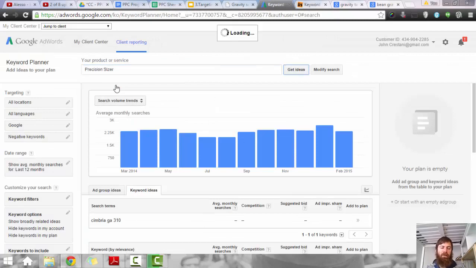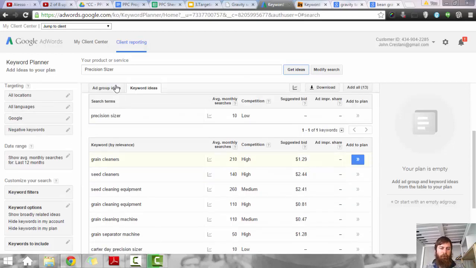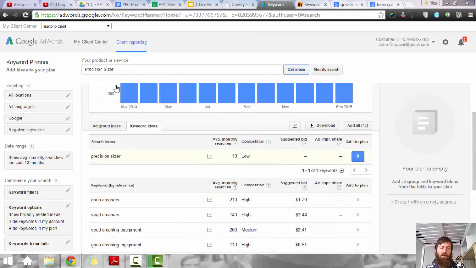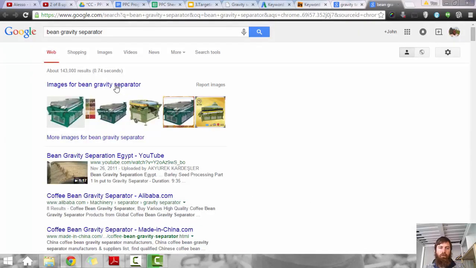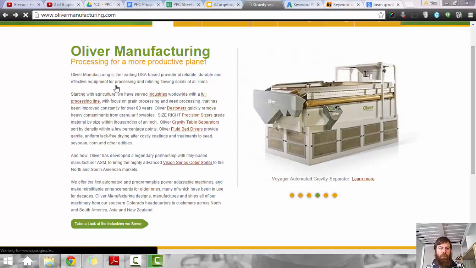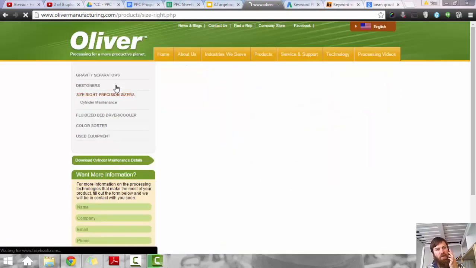Hope you're getting the idea of how this works by now. Precision sizer. We'd want to go to that sheet, size right, precision sizers.